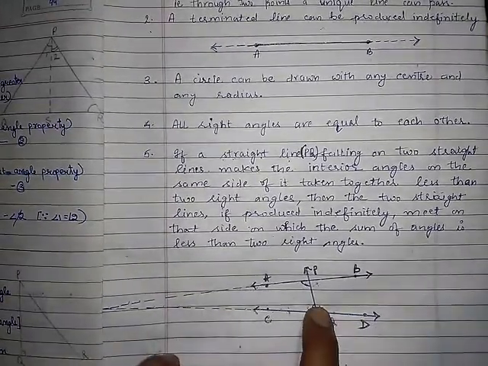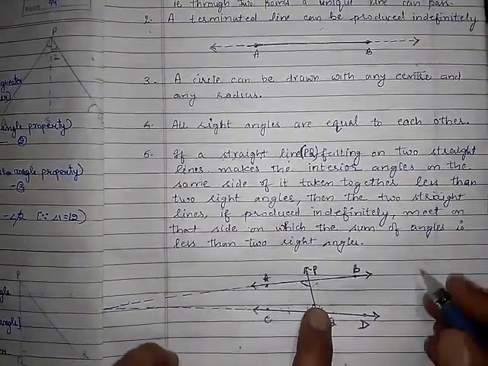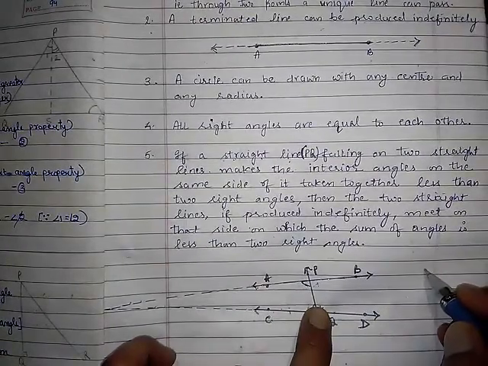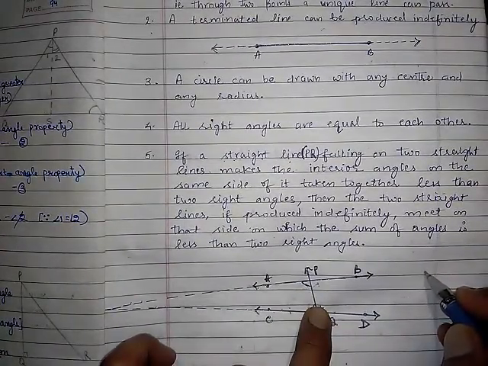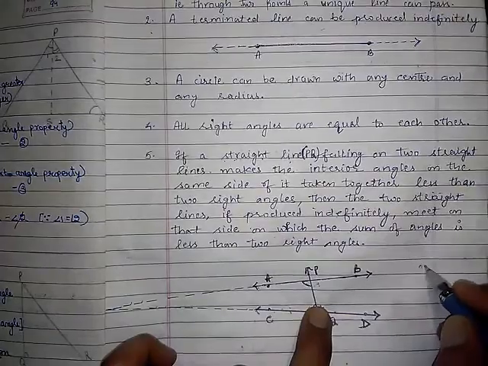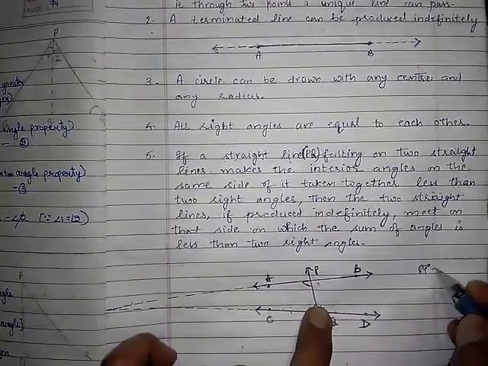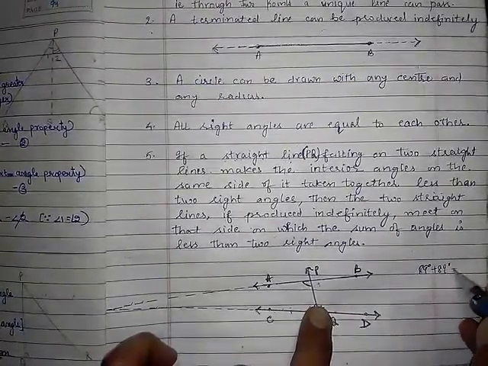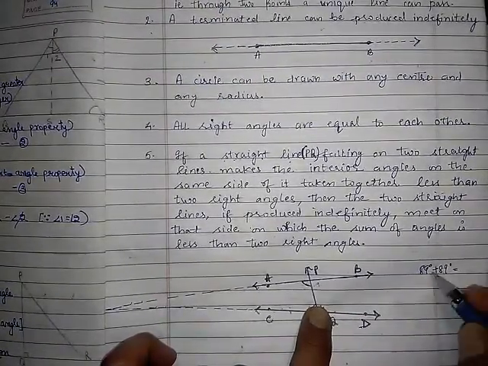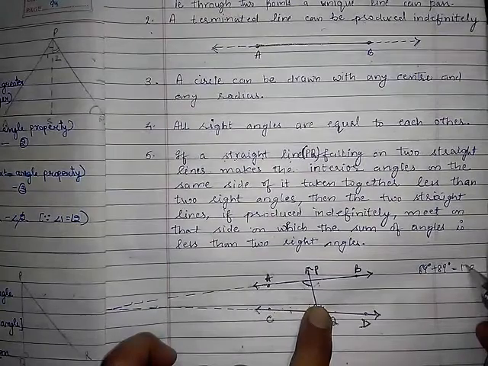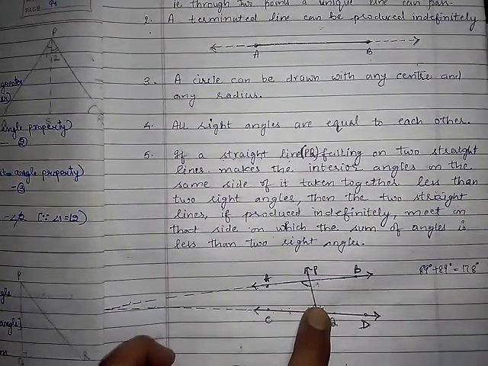If you know which is the highest acute angle, that is 89 degree. If you add two 89-degree angles, how much are you getting here? 178, which is less than 180.